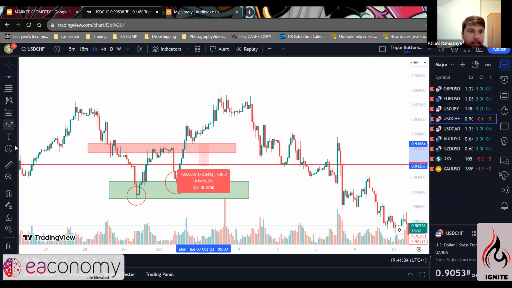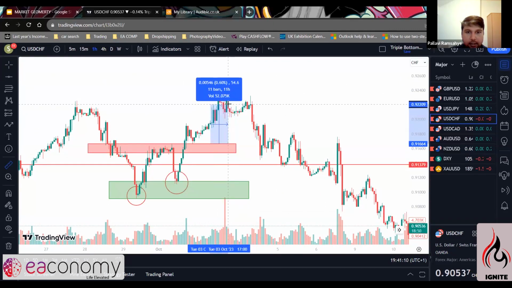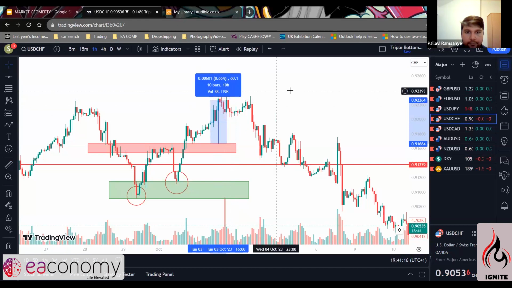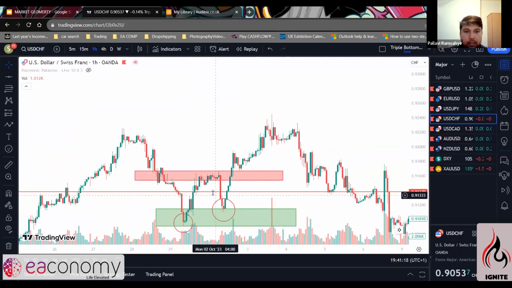And then your take profit is 60. So you've got a 1 to 2 risk to reward factor right there. With these trades, with these patterns, your risk to reward is based off of which time frame you're looking at.